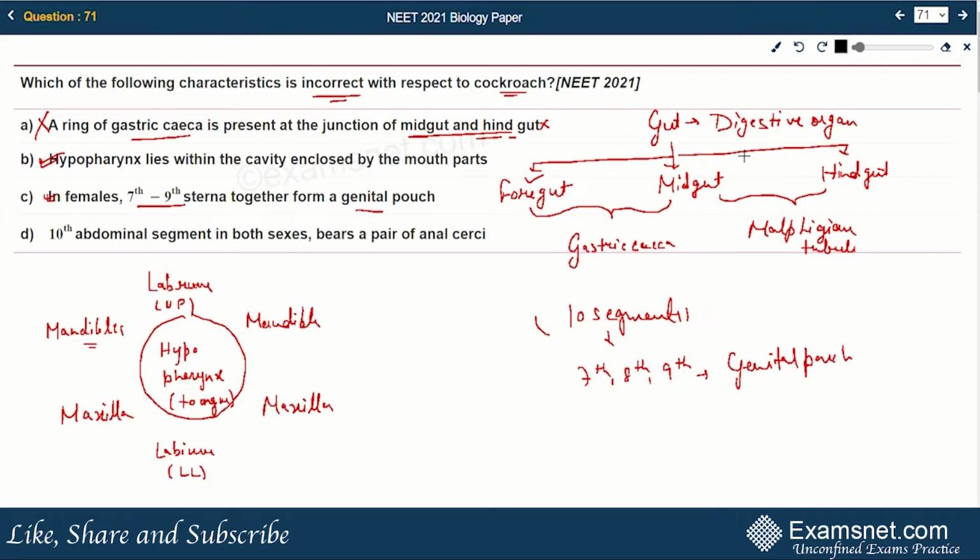So this is a correct statement. Now option D is 10th abdominal segment in both sexes bears a pair of anal cerci. So this is also true. What are anal cerci? They are a pair of jointed filamentous structures. So here which will be the incorrect option? Number A. This will be the answer.